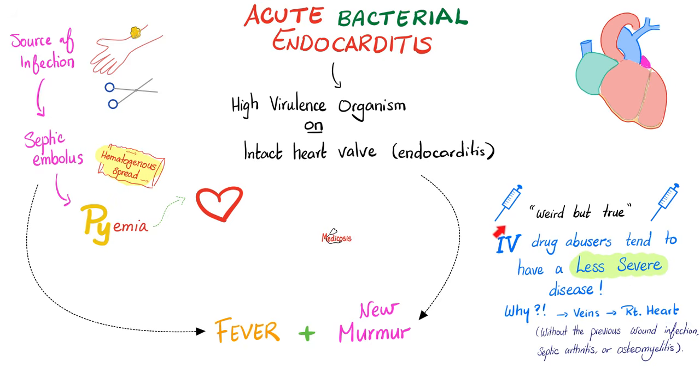Because when I inject a drug IV, it's going to go to the venous system, to the SVC and IVC, superior vena cava and inferior vena cava, to the right side of the heart. Yes, an infection in the right side of the heart is bad, but it's not as bad as an infection in the left side of the heart. That's why it's less evil than the bacteremia caused by trauma, osteomyelitis, complicated severe pneumonia that spread, etc.